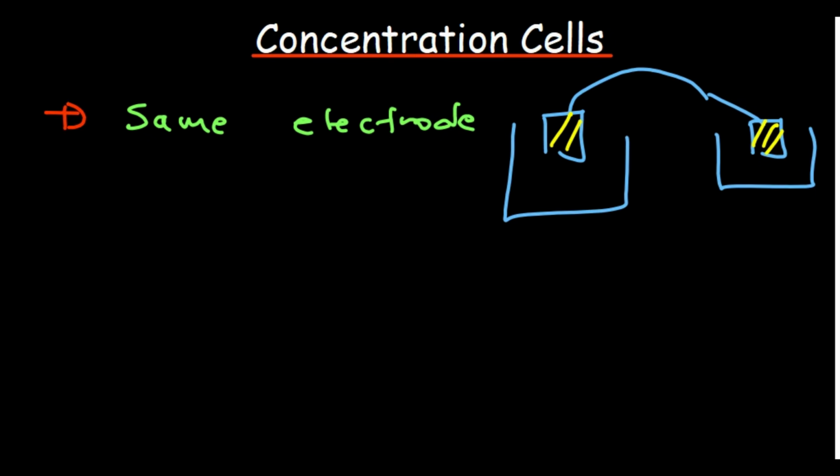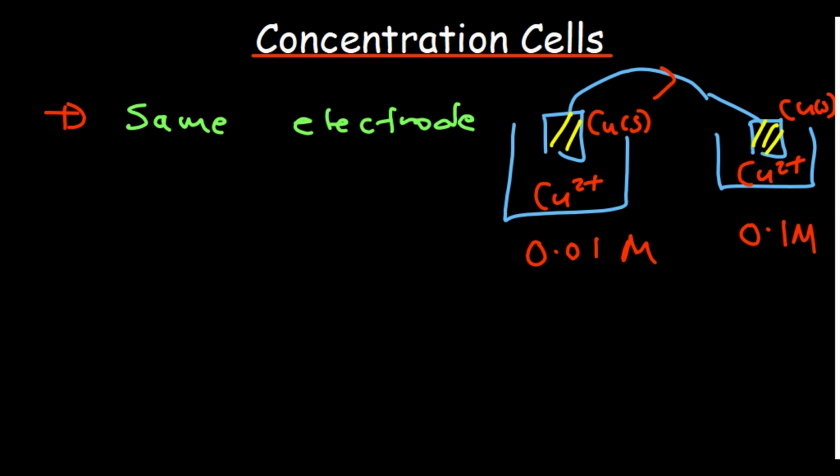We can consider a case where we have, let's say, copper 2 plus in both solutions, meaning the electrodes are solid copper. What creates the potential difference is the concentration: one side has a lower concentration, and the other side has a higher concentration.